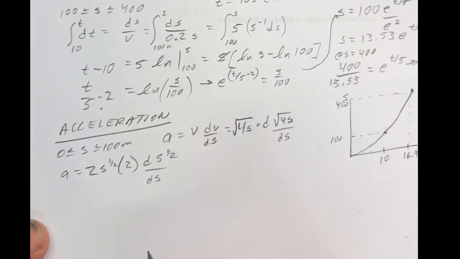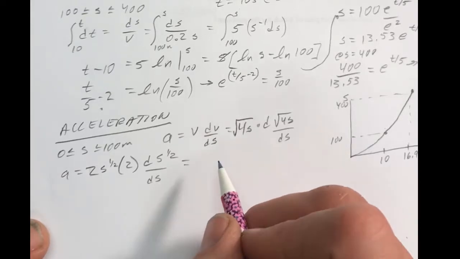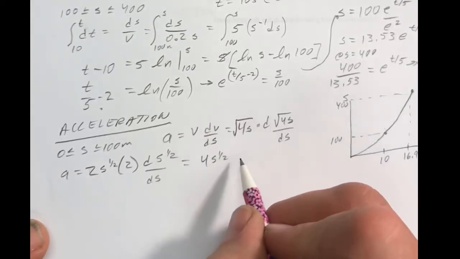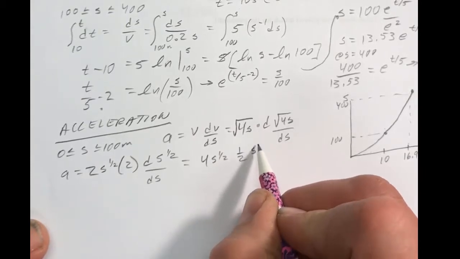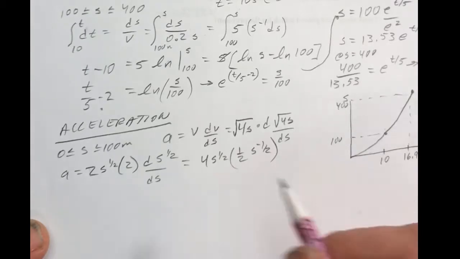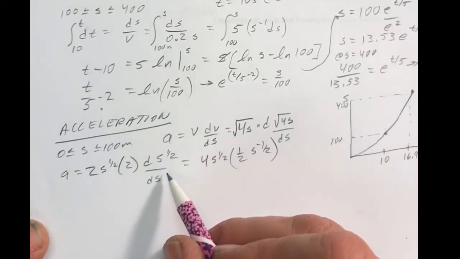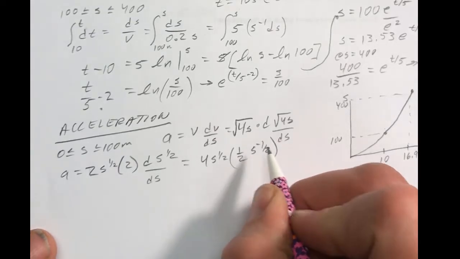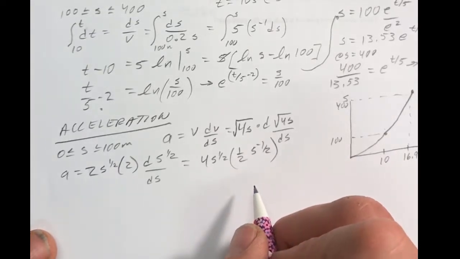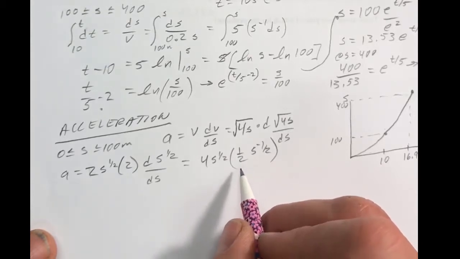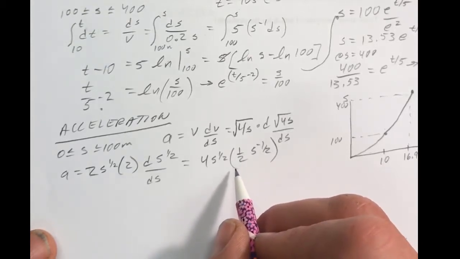Now what's the derivative of s to the 1/2? Okay, so this equals 4s to the 1/2 times 1/2 s to the negative 1/2. We're just taking the derivative of s to the 1/2. So we simplify this down.